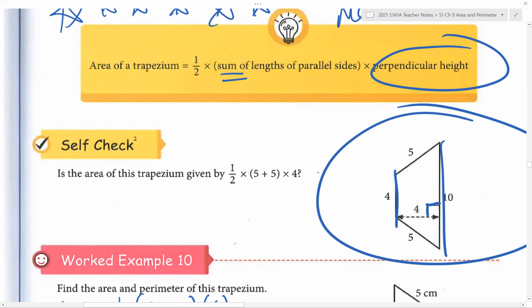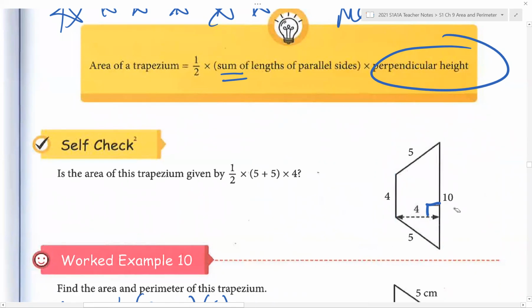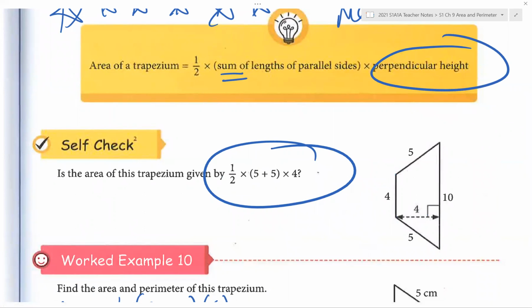So back to Fari. Fari, do you understand the formula now? Okay, so what do you think of this half times 5 plus 5 times 4? Is this correct? Yes or no? Okay, what is wrong with it? Okay, please stand up. What is wrong with it?